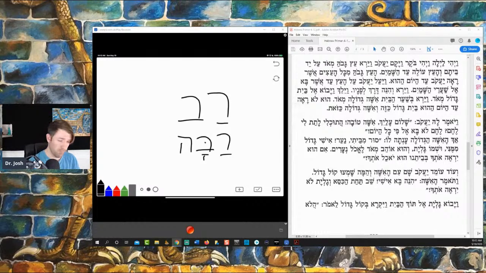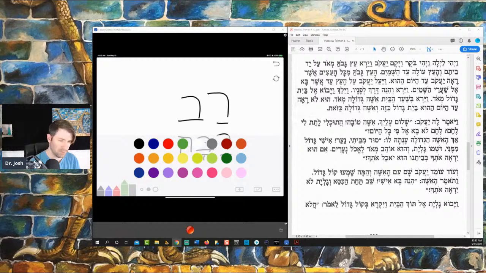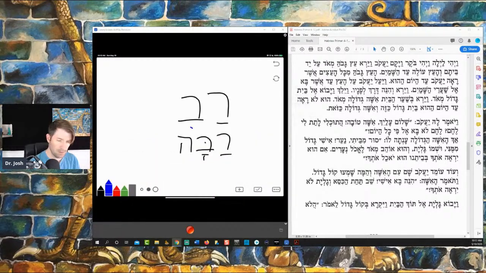If we're going to syllabify this, we do it that way. One bet is going this way to close that CVC syllable, consonant vowel consonant, and then one is coming this way to open this syllable. That's how geminates work. So you get the dagesh here in the middle radical, doubling the bet.